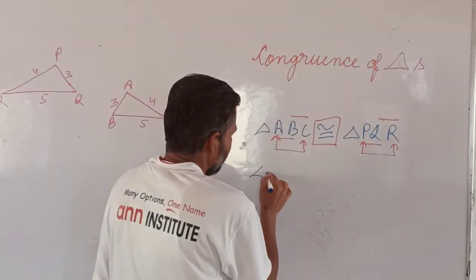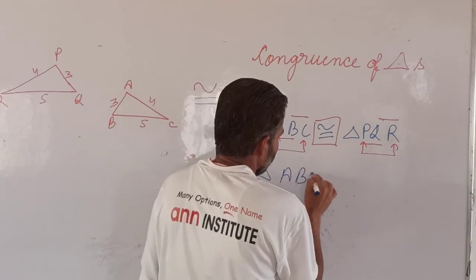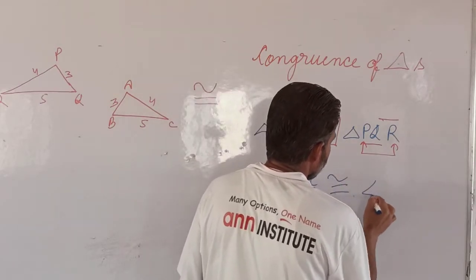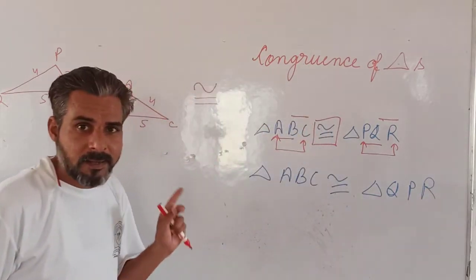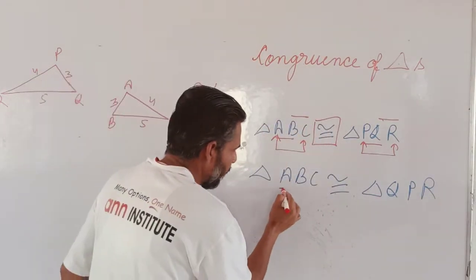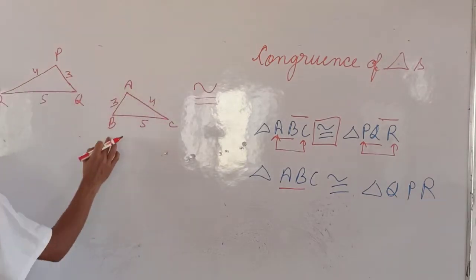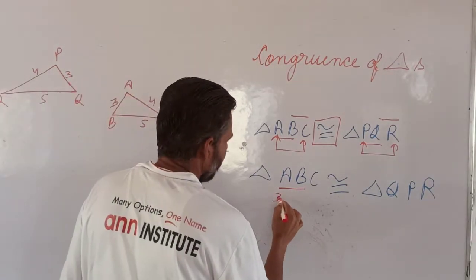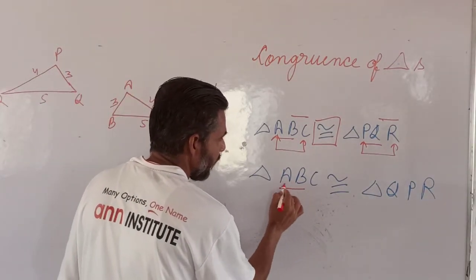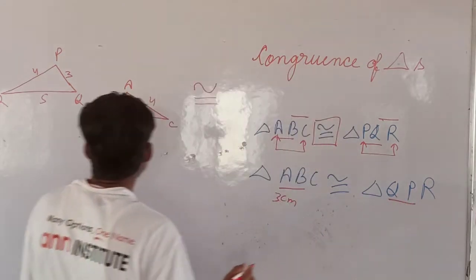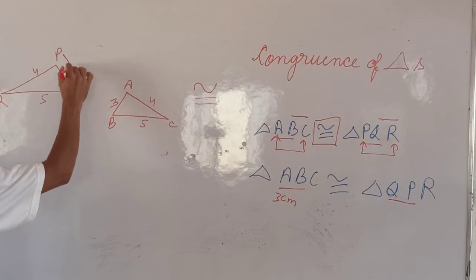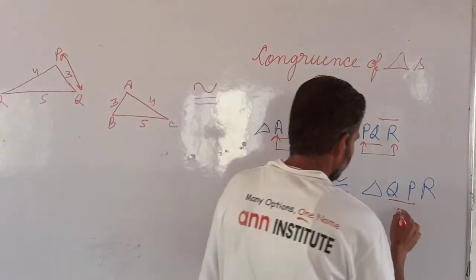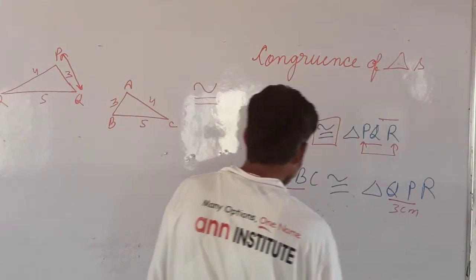Here we cannot write that triangle ABC is congruent to triangle QPR. If we write like that, we have to check AB. How much is AB? AB is 3 centimeters. Now first here AB, first here QP. QP is 3 centimeters. Okay, equal.